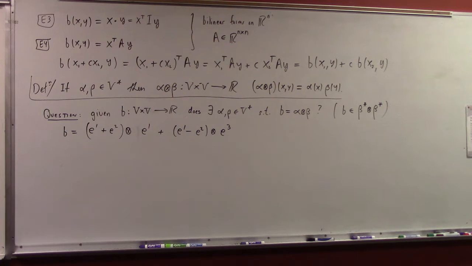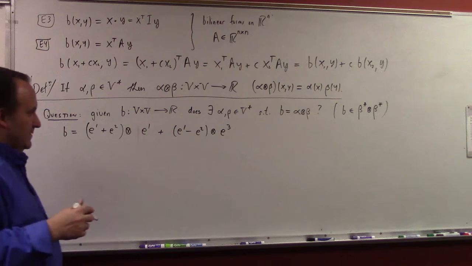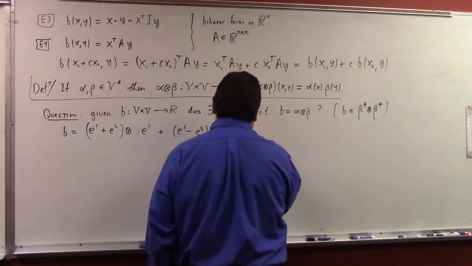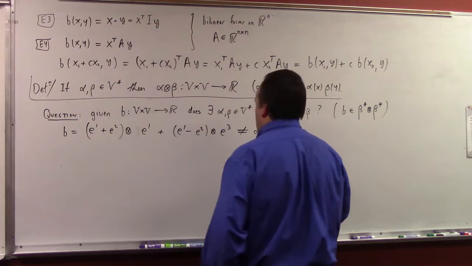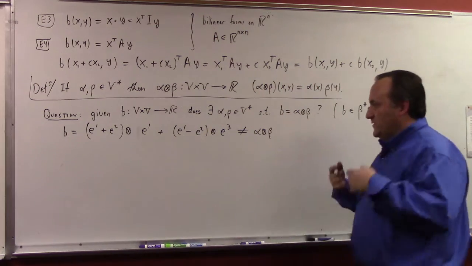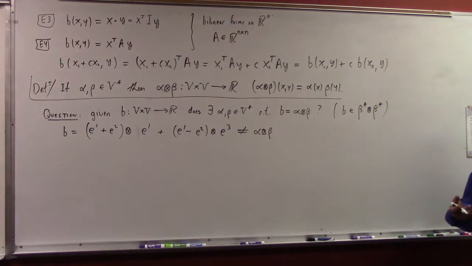And if you look at that, I'm pretty sure that this is not equal to alpha tensor beta for any choice of alpha and beta.